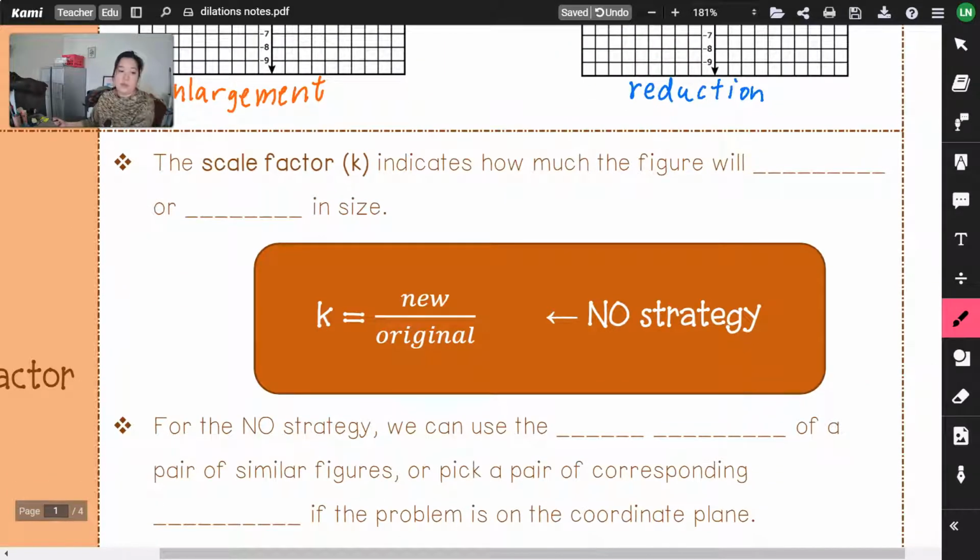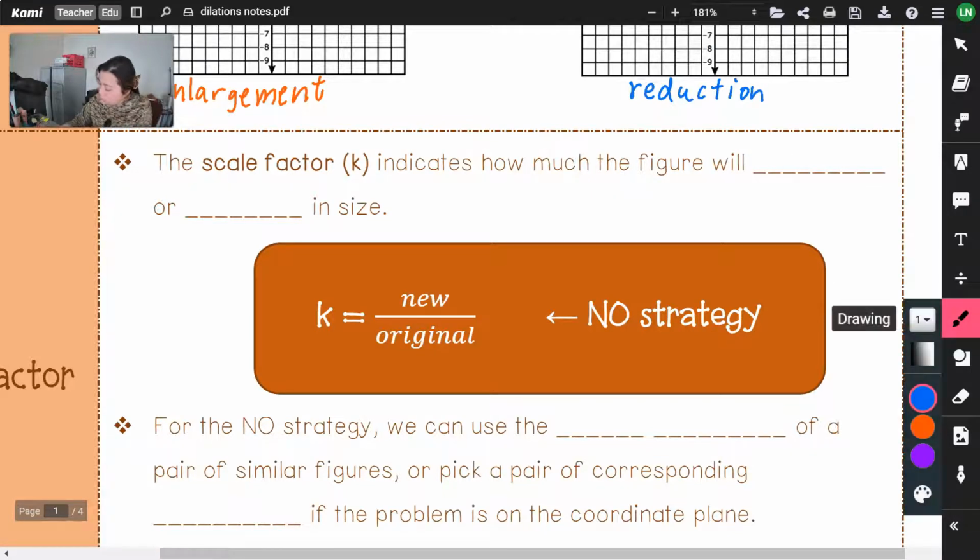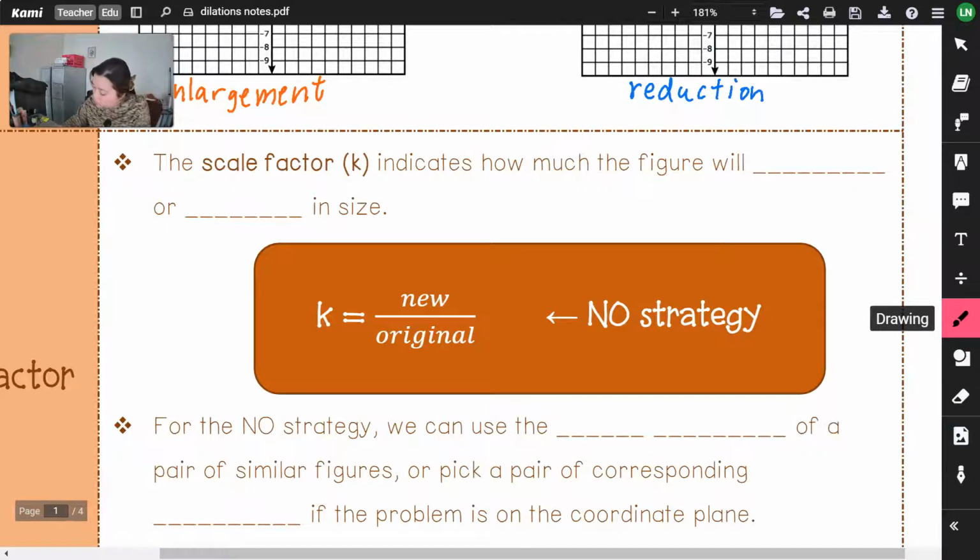Okay? So something that we're dealing with here is a scale factor, which we've covered in the past, but we'll talk about it a little bit more today. A scale factor, which we represent with the letter K, shows how much the figure will enlarge or reduce in size.